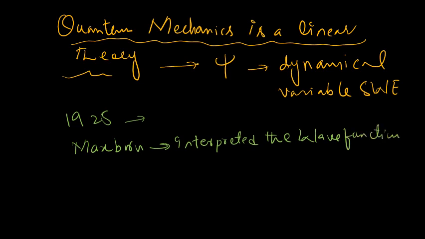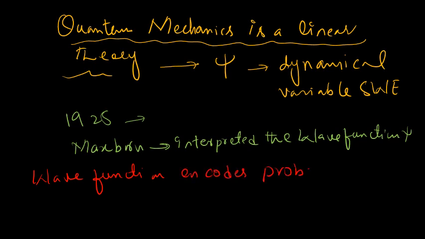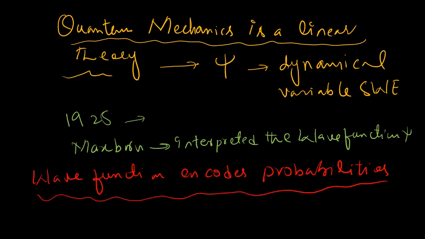Born said that the wave function encodes probabilities. We can define psi in terms of probabilities: the amplitude square of psi represents the probability.